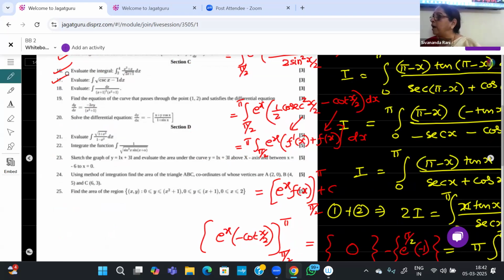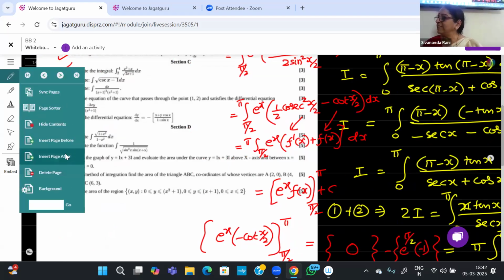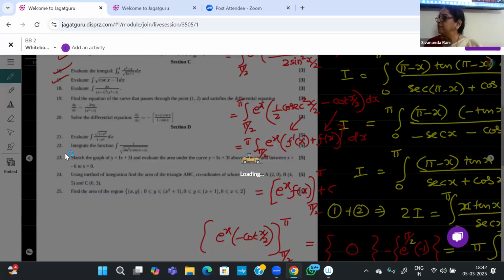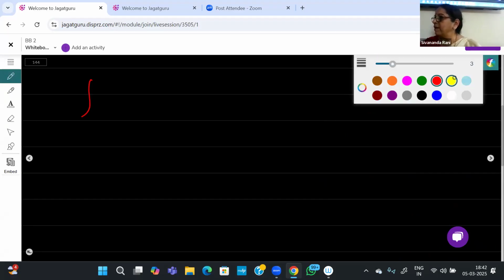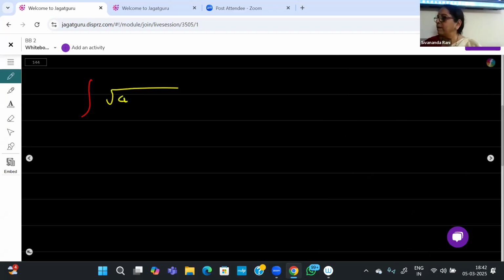Next one. Under root cosecant x minus 1. Obviously, I think one will be tempted to write this as this.